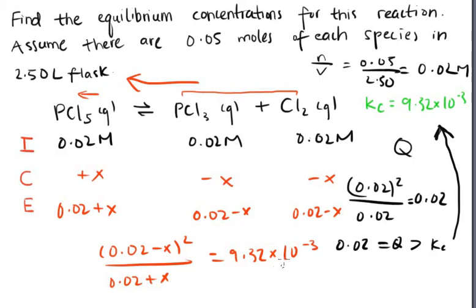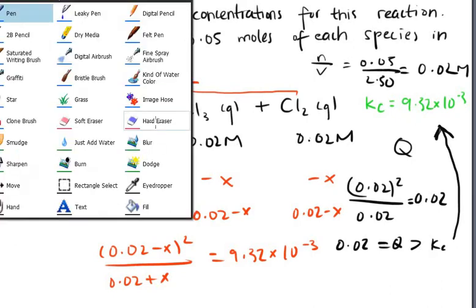Now this part will be really, really dirty. We can't square root both sides, just because this problem isn't like that. The denominator isn't squared, so we can't really do that. What we have to do is rearrange this into a quadratic equation and use the quadratic formula. So I'm going to erase some stuff, and we should probably do that.